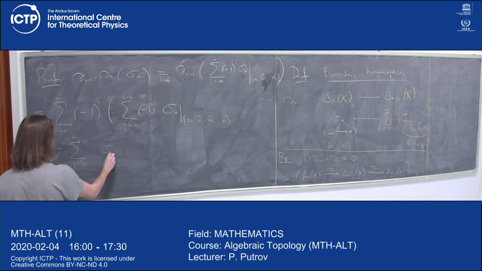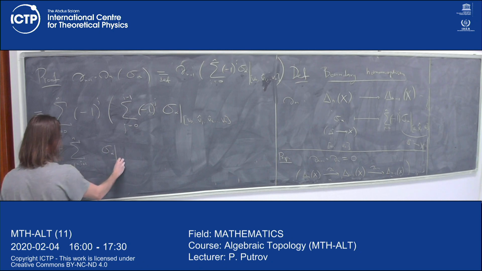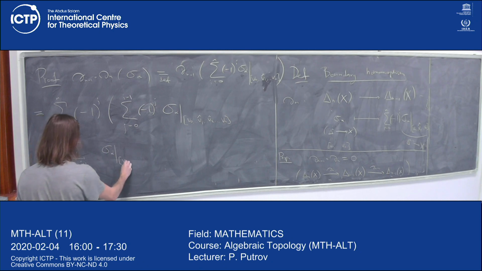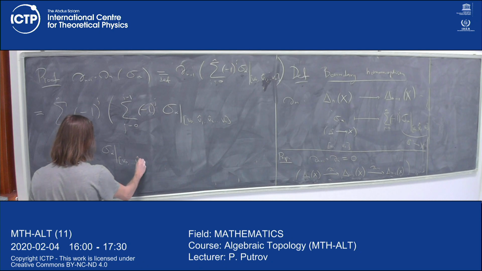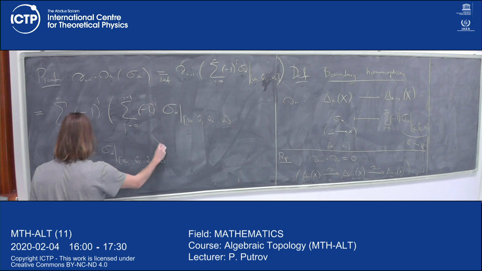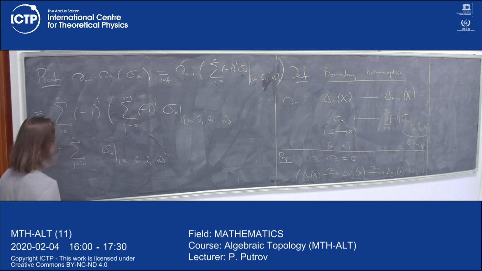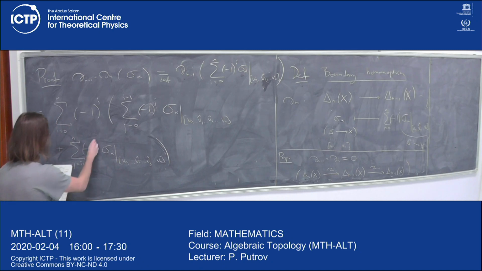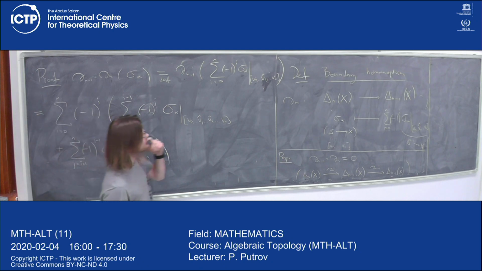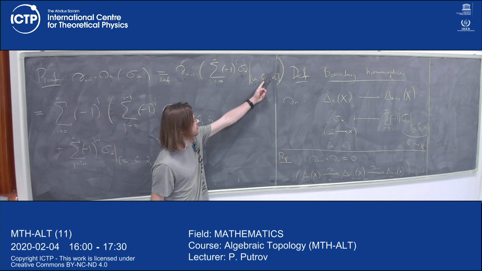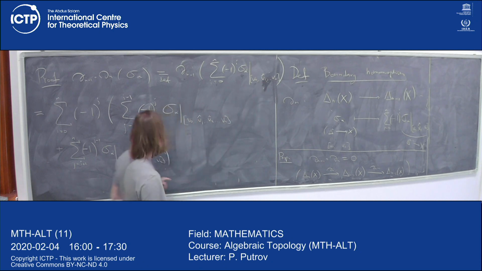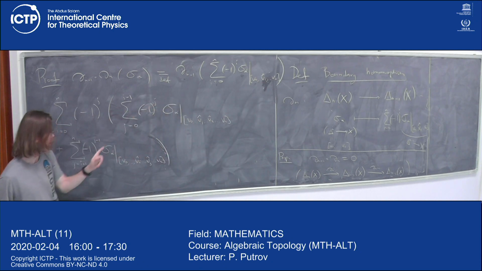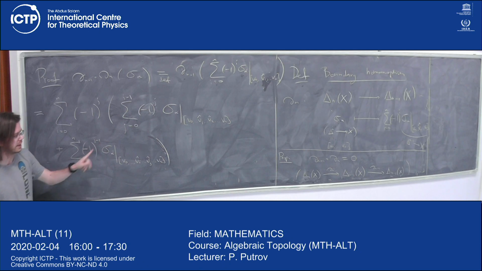So let me first write the restriction. It's the restriction to v0, and I remove vi and then vj. I have to notice that since we already skipped one vertex here, this is not going to be minus 1 to the j, but minus 1 to the j minus 1 instead.